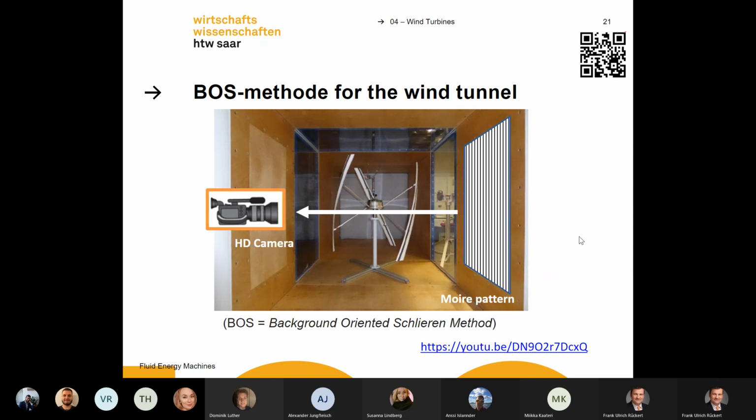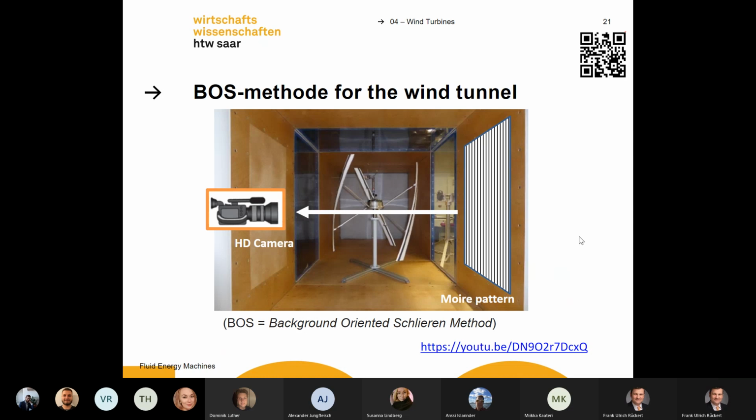That's often something I try to explain to you. If we have a pump with water, we can't see the fluid flow. We can't look inside. Or if we have a windmill and we look at it, we don't see the fluid flow. The air is invisible. We can't look at it. And this often makes it a bit difficult to make measurements or to calculate efficiency because it's invisible.